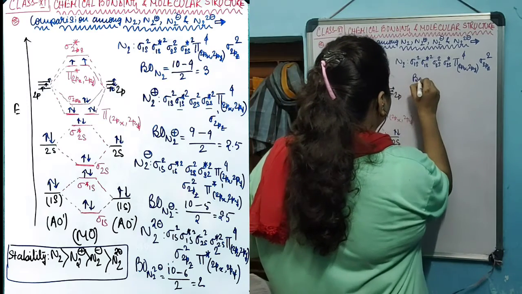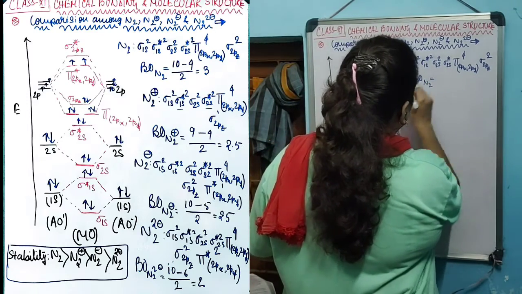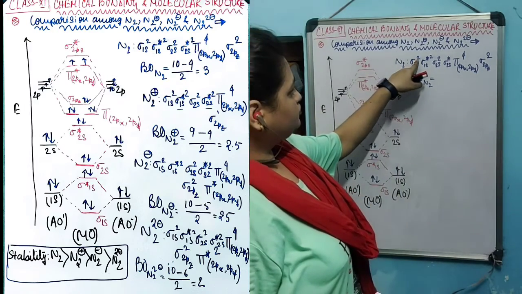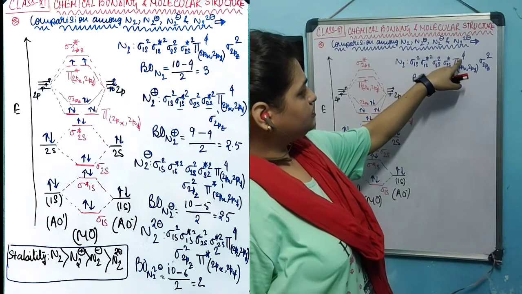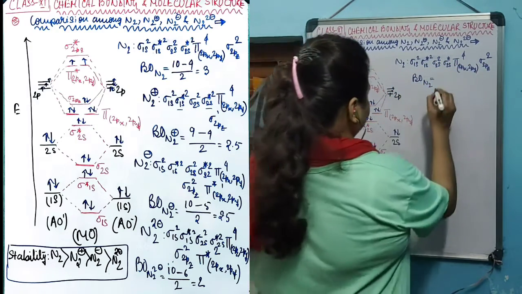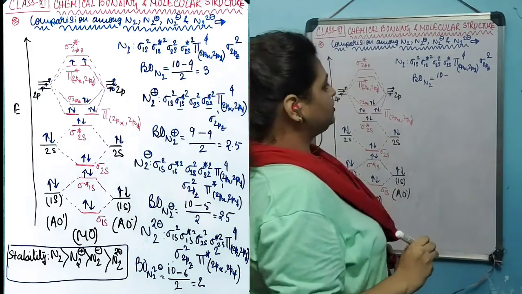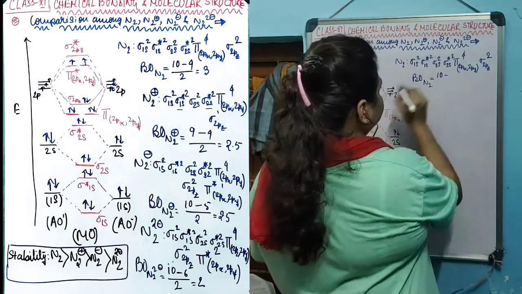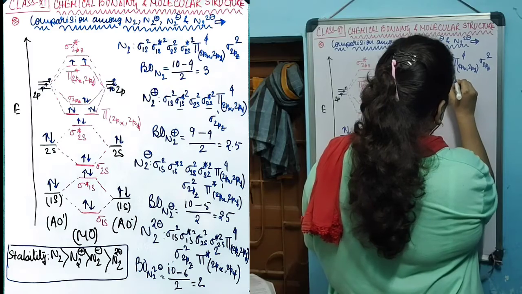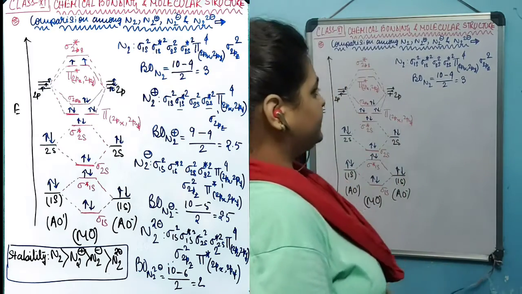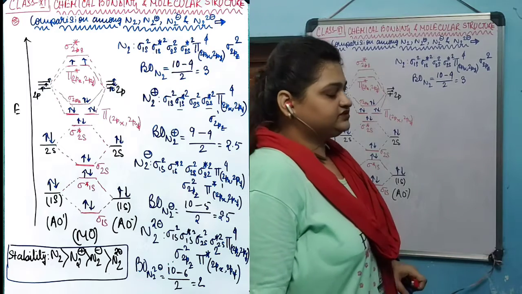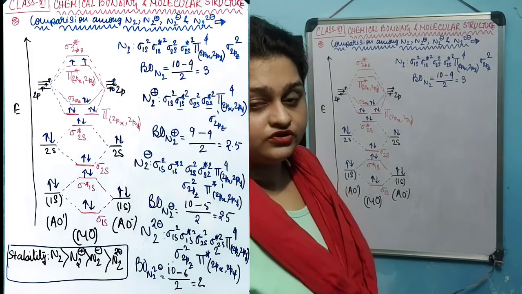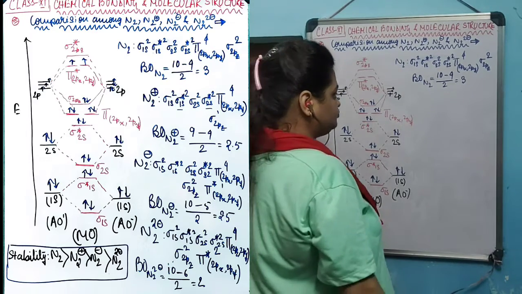The bond order for N2 is going to be the number of bonding electrons, 2, 4, 8, 10, minus the antibonding orbital electrons, 2 and 2, 4, divided by 2, which is 3. This implies that the bond order of nitrogen is 3, and the nitrogen molecule is constructed by a triple bond, which is actually true.